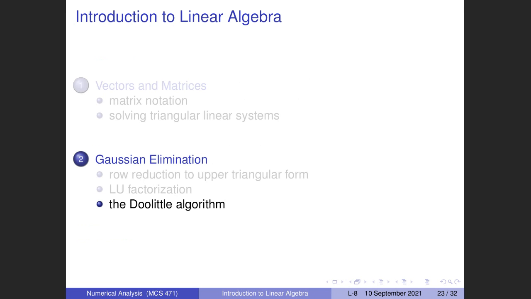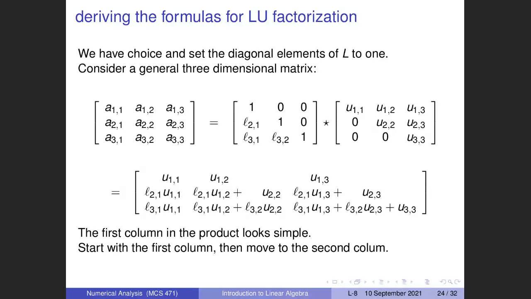All right. Now we get to the algorithm, which is attributed to Doolittle. I will derive the algorithm by formulas. So we are now again doing the matrix multiplication. If this matrix notation is still kind of unfamiliar to you, here is another opportunity to get familiar with it.